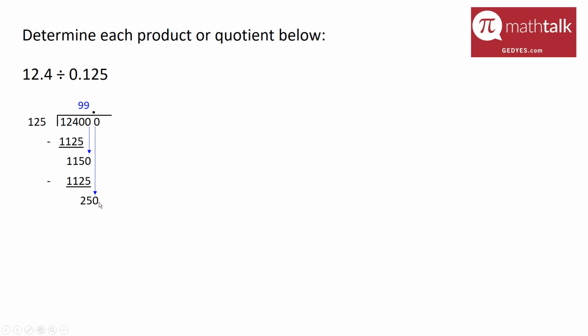So I add a 0, I bring it down. How many times does 125 go into 250? Fortunately, it goes in there twice. And 2 times 125 is exactly 250, so when I subtract, I get a remainder of 0. So there's no other operations that need to happen. I just need to find my final answer, which is 99.2.